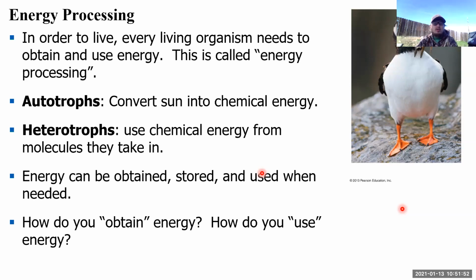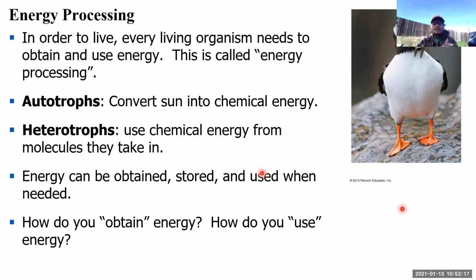So they can make their own chemical energy. Heterotrophs, however, cannot make their own chemical energy. So they have to take in organic molecules, usually by eating other organisms, in order to get that chemical energy, mainly glucose, so sugars, carbohydrates, those sorts of molecules, which we'll learn about in chapter 2.